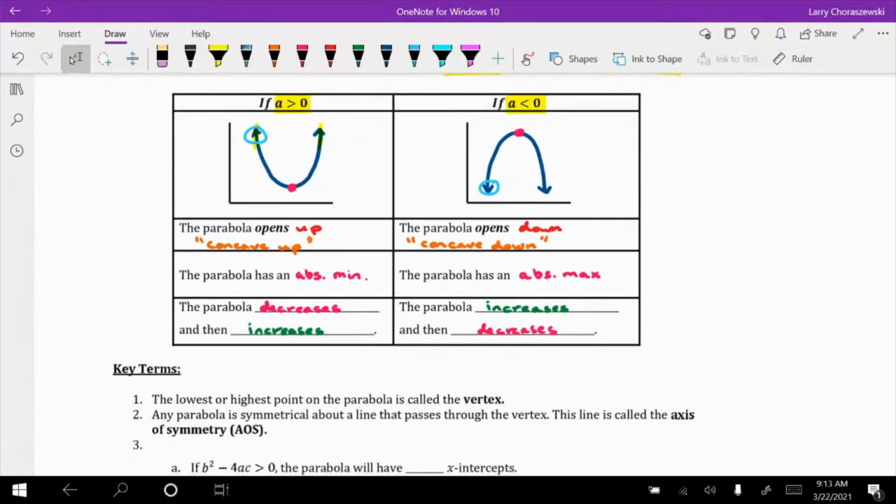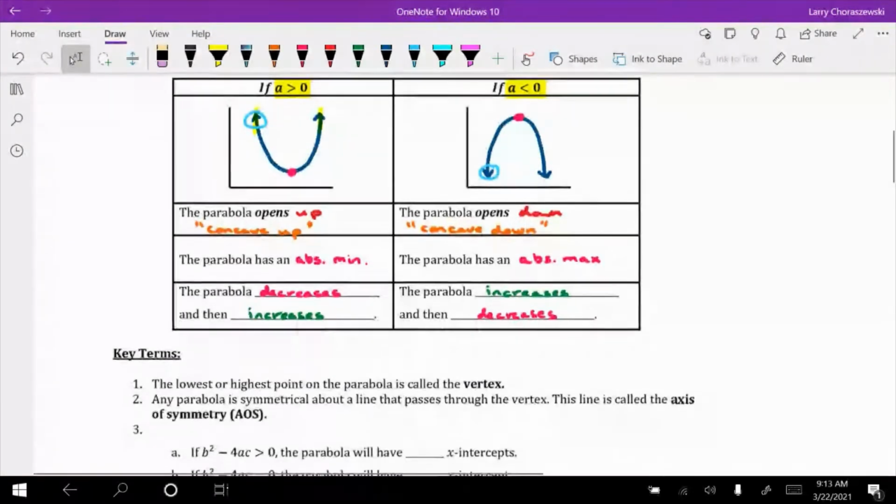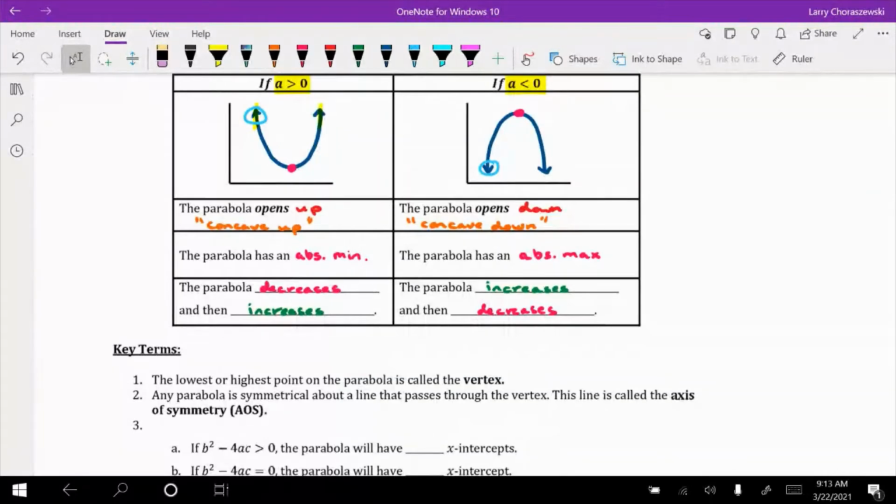Now we're going to continue adding more details to this table, but we'll do that as we come across more terminology. For instance, if we look down here where it says key terms, the lowest or highest point on the parabola is called the vertex.